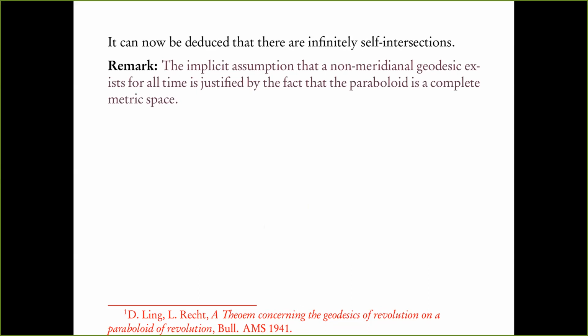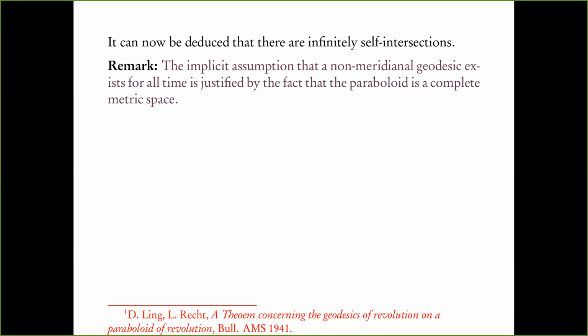So we assumed that the geodesic is defined for all t, all times in R. We didn't quite care to justify why that is so. Why not a geodesic defined for a small time? The point is, due to the Hopf-Rinow theorem, a Riemannian manifold is geodesically complete if and only if it's topologically complete.